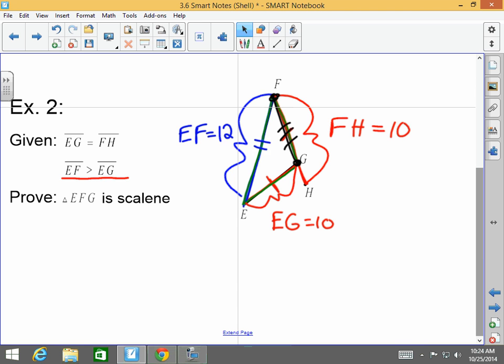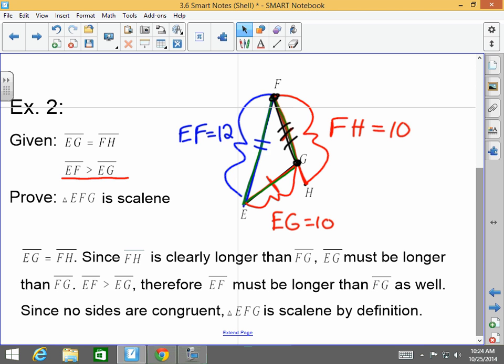So let's put that into paragraph form. EG is equal to FH. Since FH is clearly longer than FG, which we marked with 3 tick marks in black, EG must be longer than FG. Since EF is greater than EG, therefore EF must be longer than FG as well.